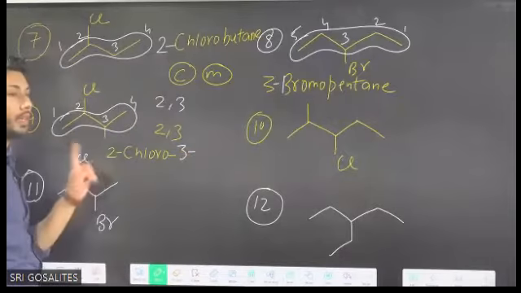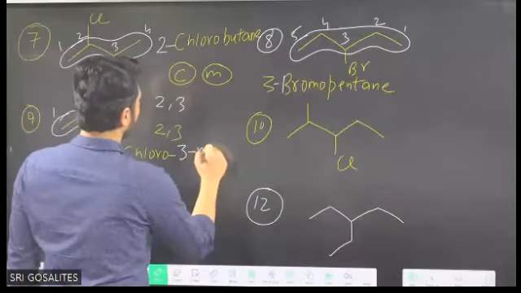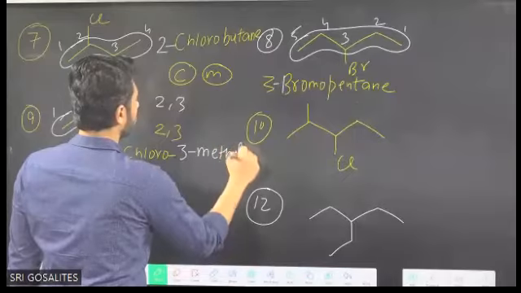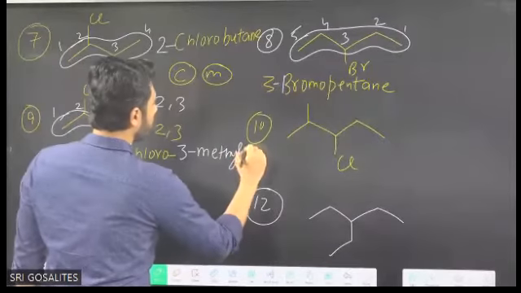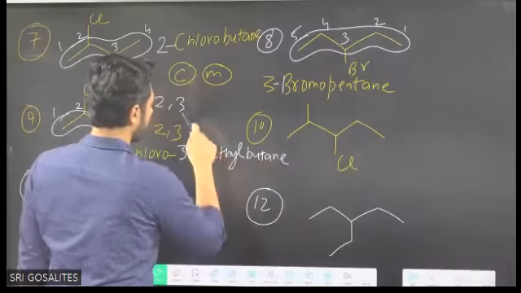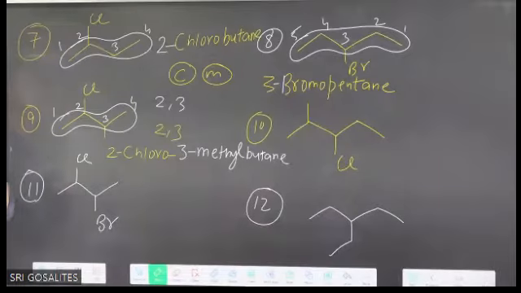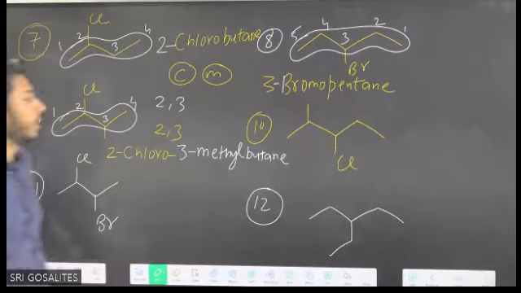So mention their digits, then their names. 2 chloro, 3 methyl. Prefix over root word, 4 carbon, but, and then ane. Getting it? 2 chloro, 3 methyl, butane.